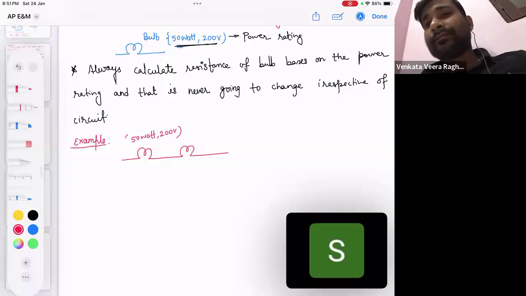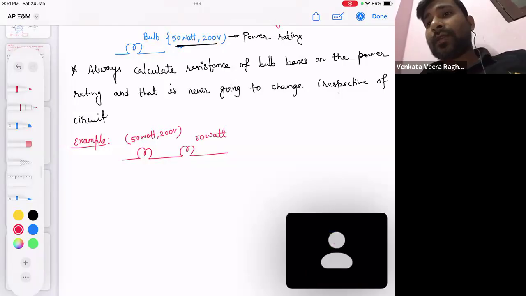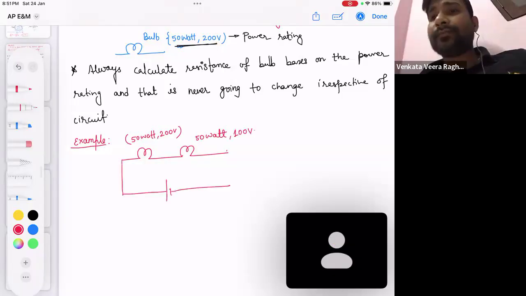That is bulb one. And this one is given 50 watt and 100 volt. I am not checking the data. I am directly taking the values. Okay.